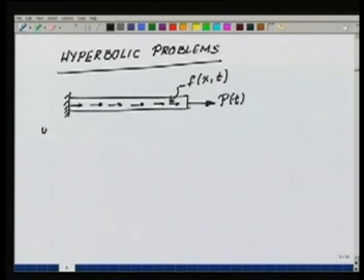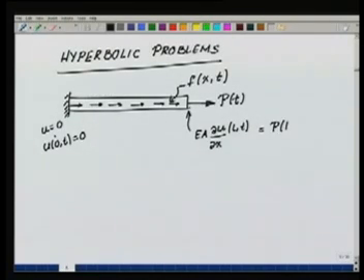Let me be more specific. u at x equal to 0 for all time is equal to 0. What will I get as the boundary condition here? Here I will get EA del u del x at L, t is equal to P(t). So this is the boundary condition here.